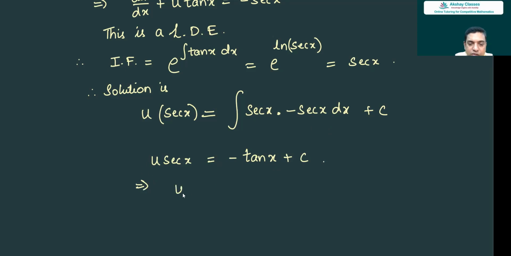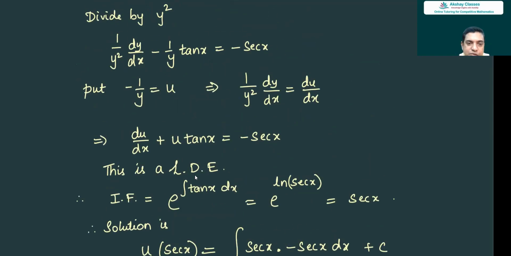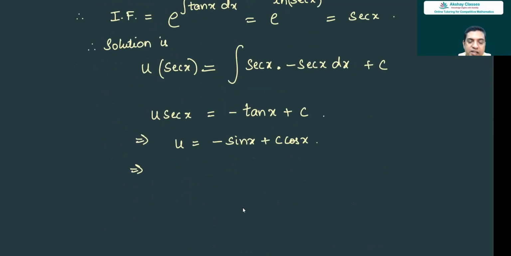Multiplying throughout by cos x, we get u is equal to minus sin x plus c cos x. Now what is u in terms of y? It is minus 1 upon y.